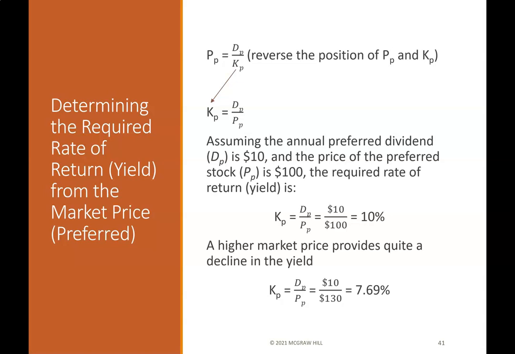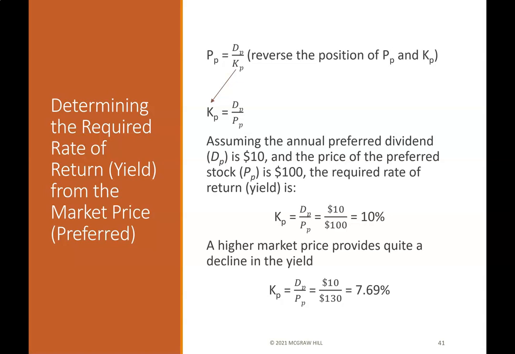Determining the required rate of return yield from the market price of preferred. P equals D divided by K. Reverse the position of P and K. K equals D divided by P. Assuming the annual preferred dividend is $10 and the price of the preferred stock is 100, the required rate of return yield is K equals D divided by P equals $10 divided by $100 equals 10%.